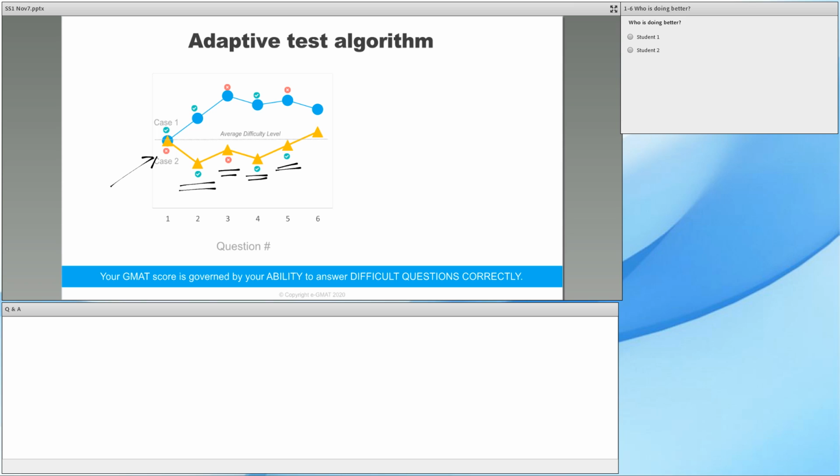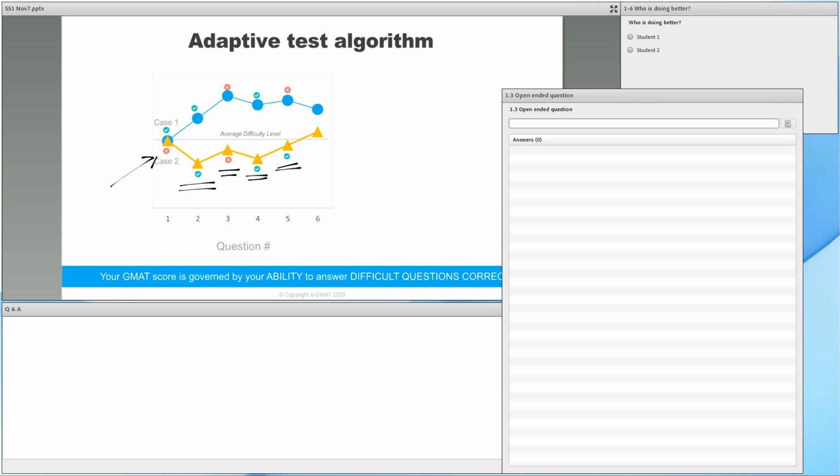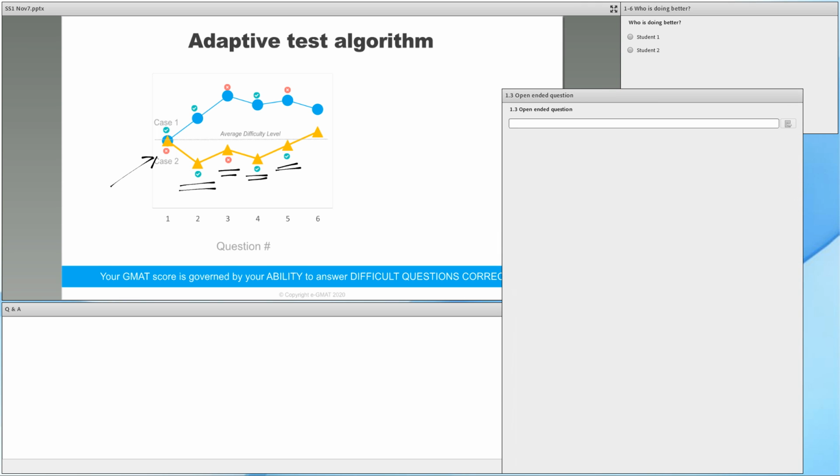All right, let's just do that. 87% of you say student 1, and that's correct. Let's get a few more answers over here. Why do you think student 1 is doing better?